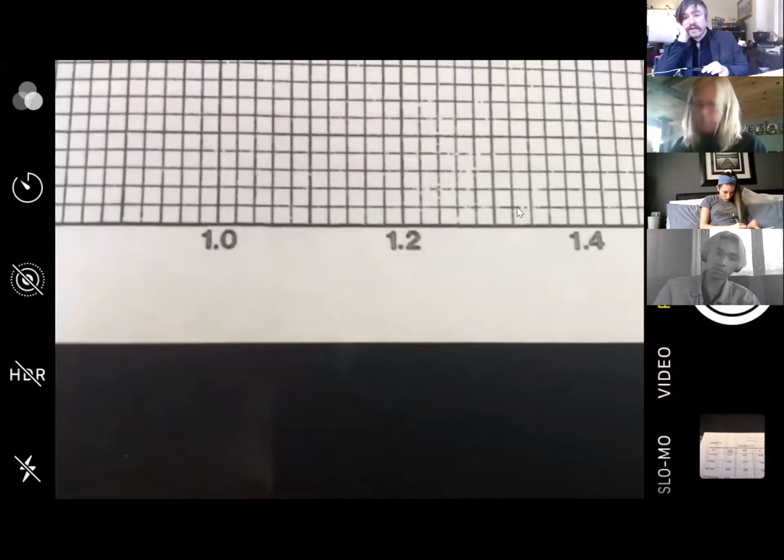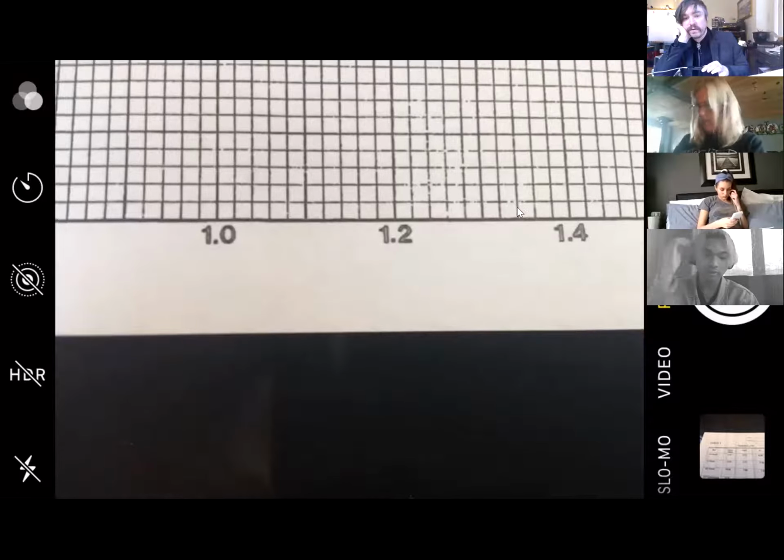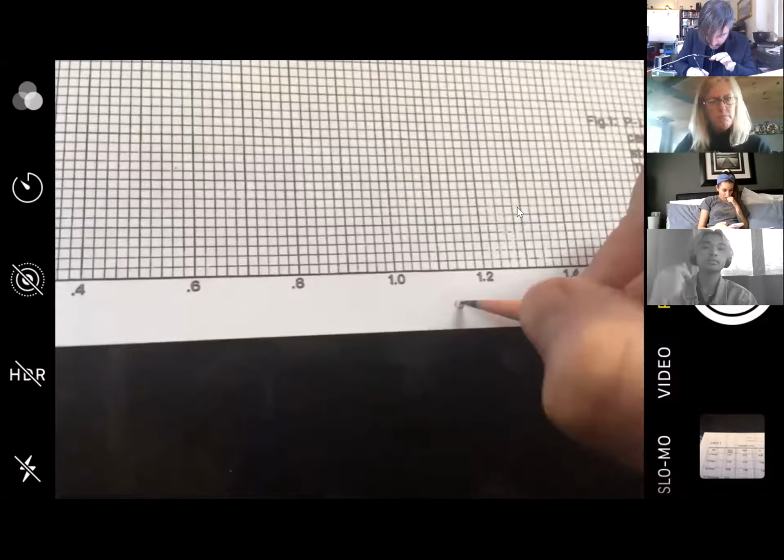Y'all remember how to do this, right? Each tick is 0.02. Yeah, that's right. So this for log period is 0.02 per tick mark.